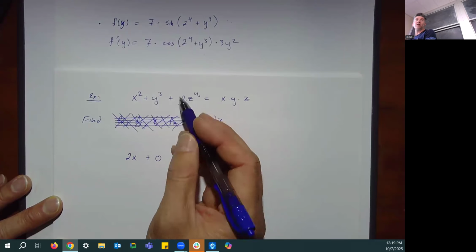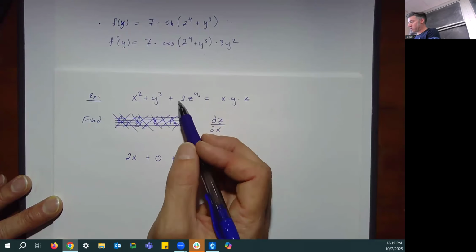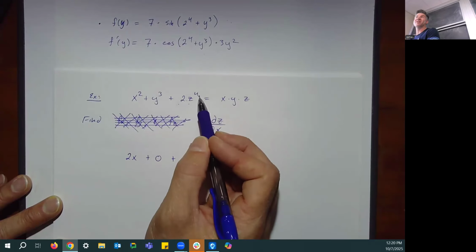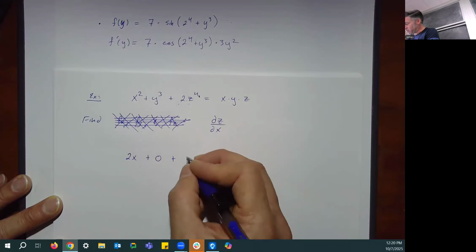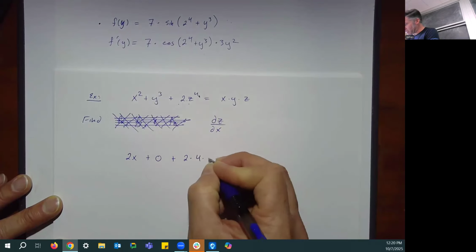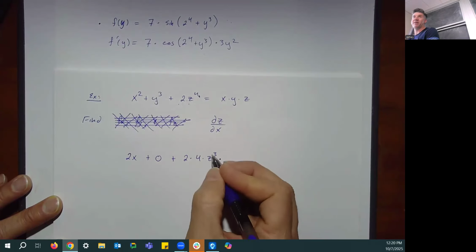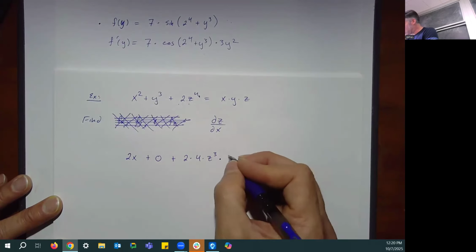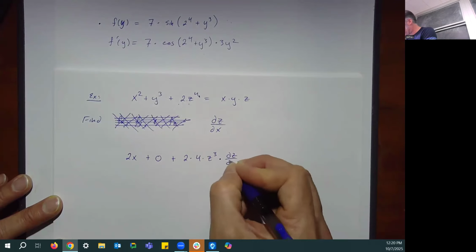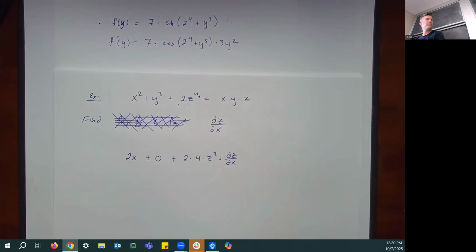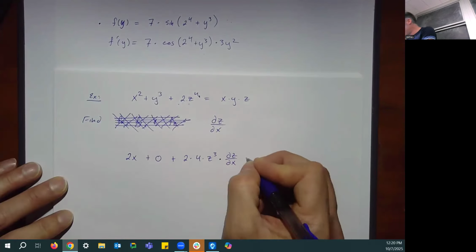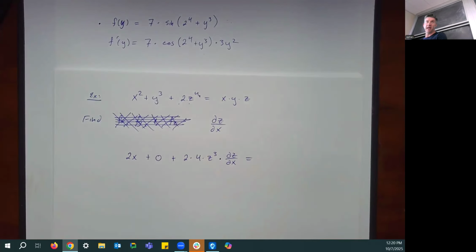So z is some function of x, and when you take the derivative of 2 times something to the fourth, we have to use the chain rule. So we're going to get 2 times 4 times z cubed multiplied by the derivative of the inside thing that was raised to the fourth power, which is where your del z del x is actually going to show up, equal to the derivative of the right-hand side.